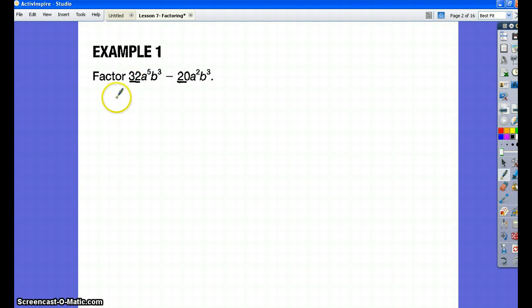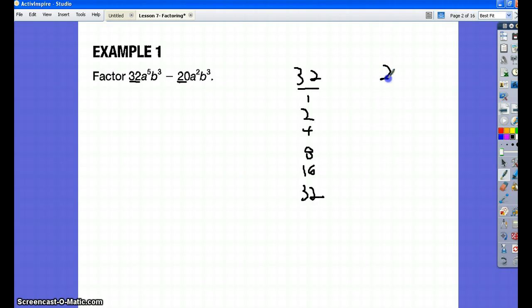So the first one here, we're going to take out common terms. So that's the biggest factor that they both have in common. Well, 32, its factors are 1 goes into it, 2 goes into it, 4 goes into it, 8 goes into it, 16, and 32.